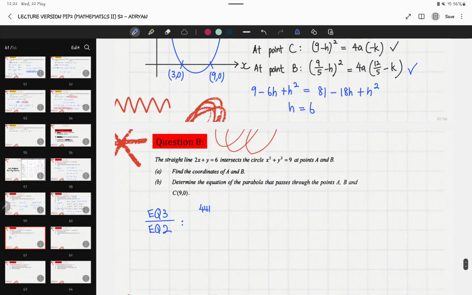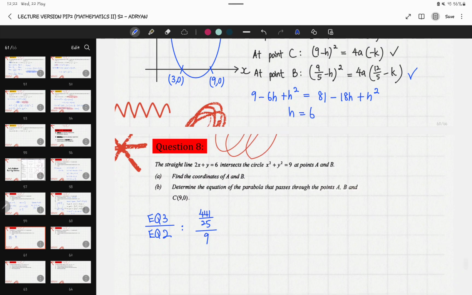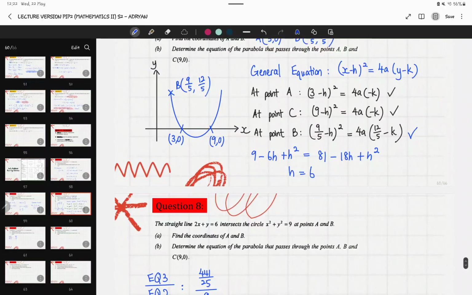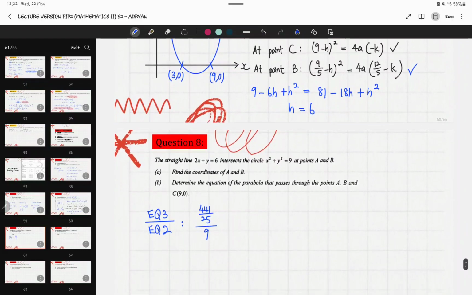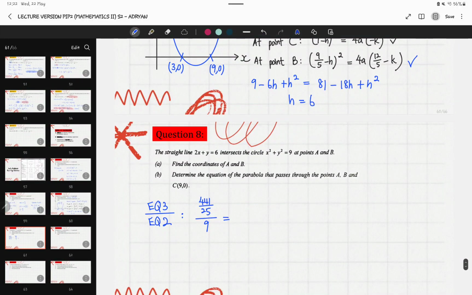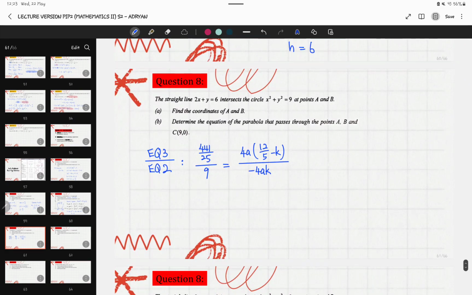You should get 441 over 25, which is your (x minus h) squared already, divided by 9. How do I know 9? Because I substituted already: 9 minus 6 is 3, 3 squared is 9. Next, equals 4a times (12/5 minus k) over negative 4a k. You notice that the a eventually cancels out, and you will get your k value as negative 5 over 2.